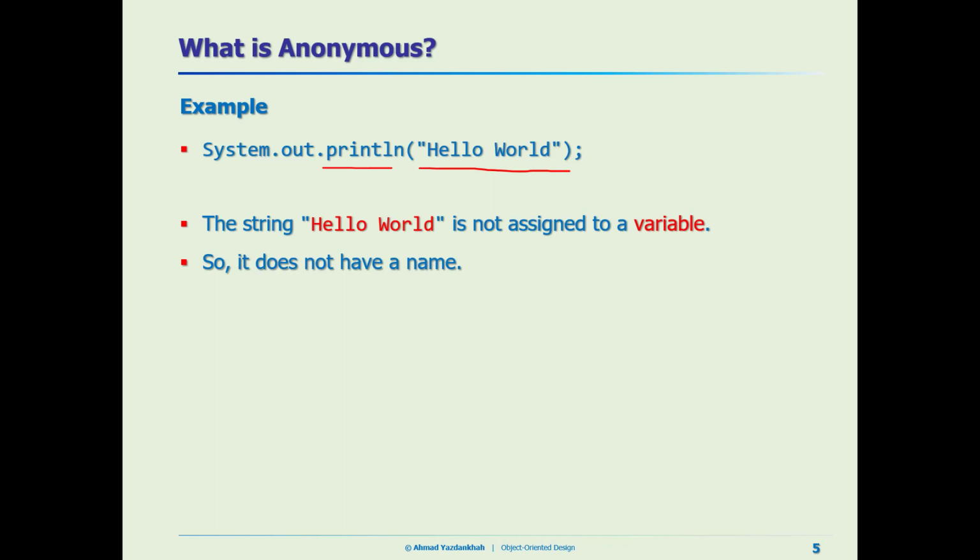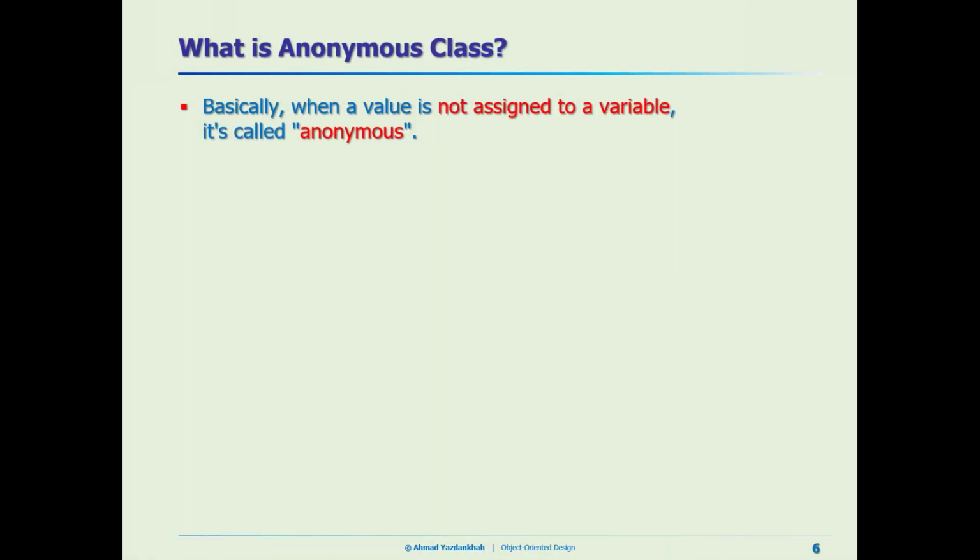Since it is not assigned to something, it is anonymous, no name. So this is the general rule: something is not anonymous when we can assign it to a variable. Now the question is, what is anonymous class?